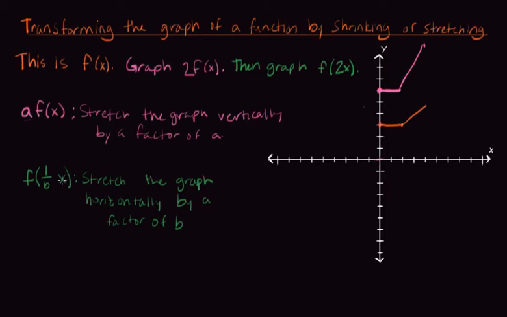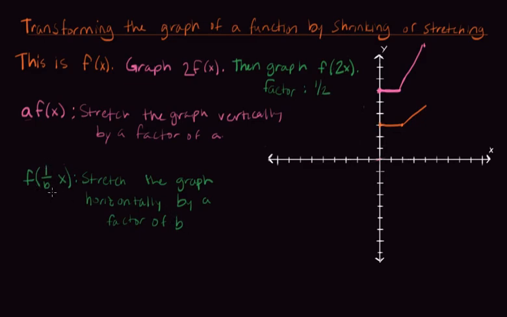So for 2, we have to think about the reciprocal, or the fraction flipped upside down. This is actually shrinking it by a factor of 2 instead of stretching it by a factor of 2, or it's stretching it by a factor of 1/2. So the factor here is 1/2 because it's the reciprocal of the number that's being multiplied.